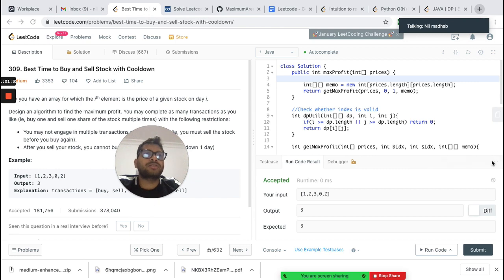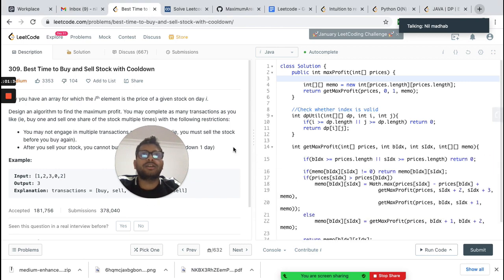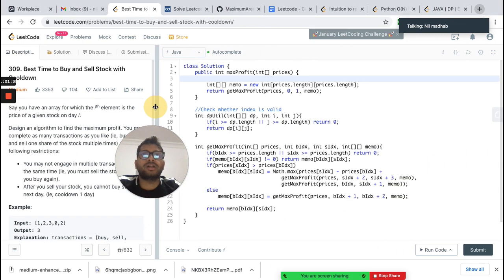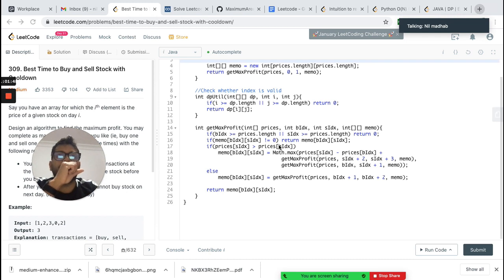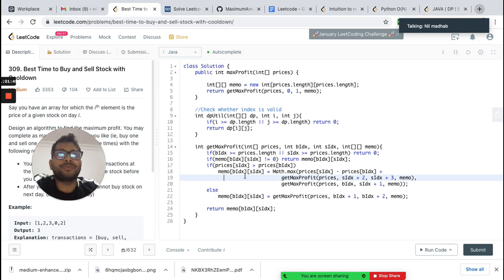So we got a working solution in Java that is almost the same as what we solved, but they have managed to make the cache like a memo to solve this problem.